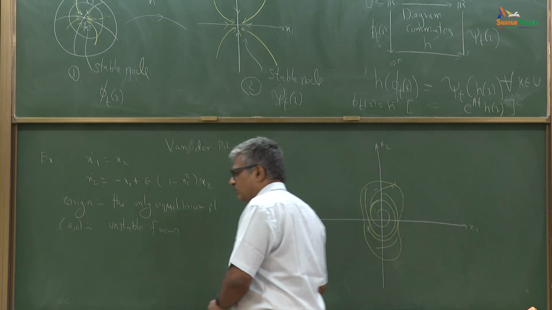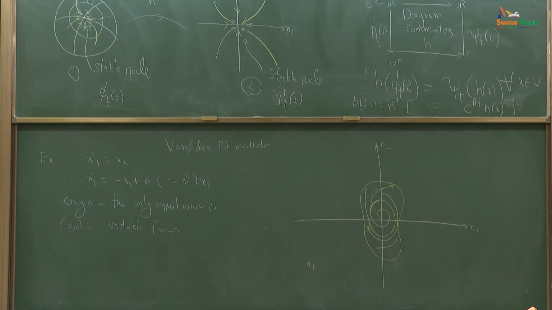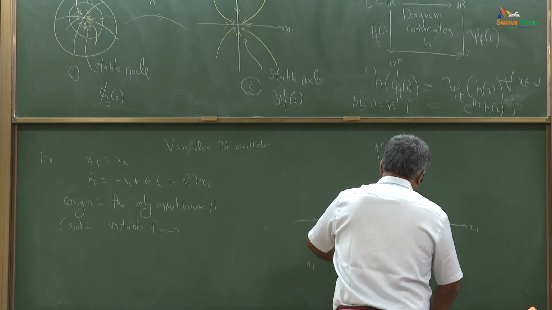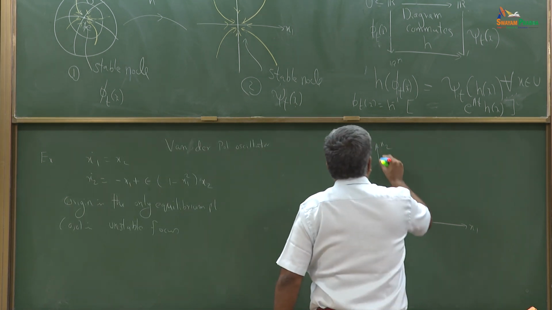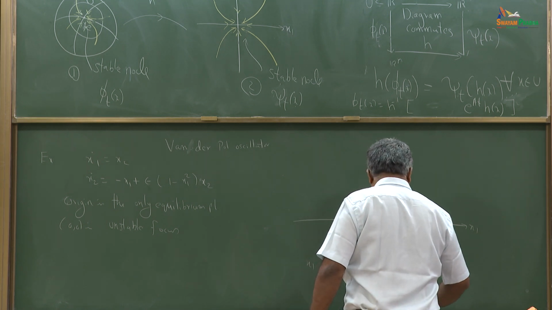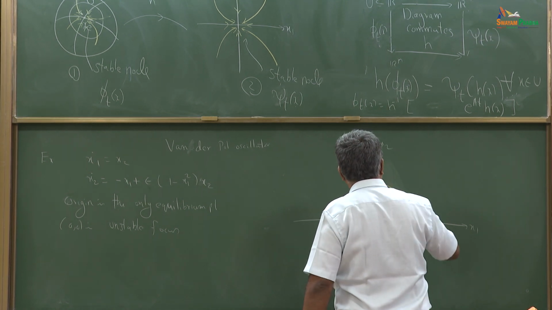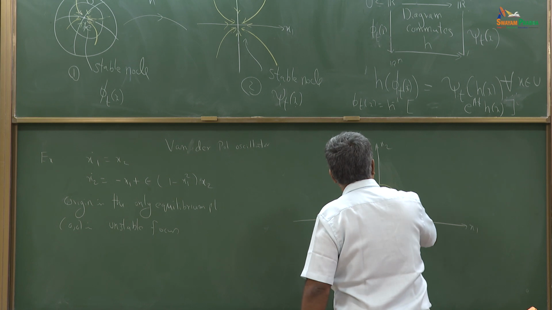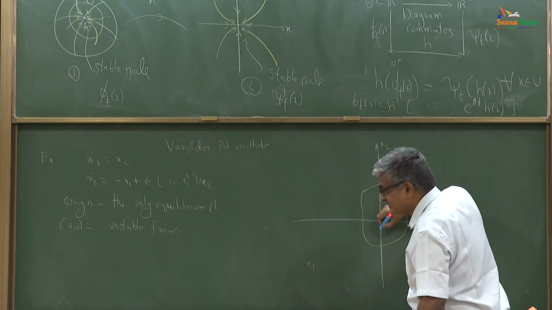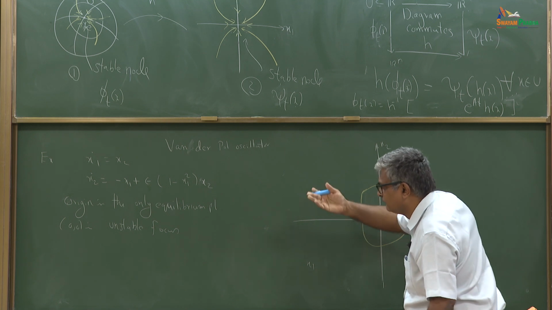Rather, I will draw a vector field because that will be very confusing. So this is either an unstable node or focus.